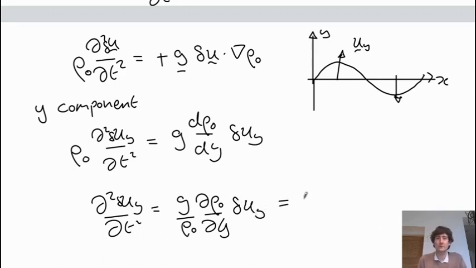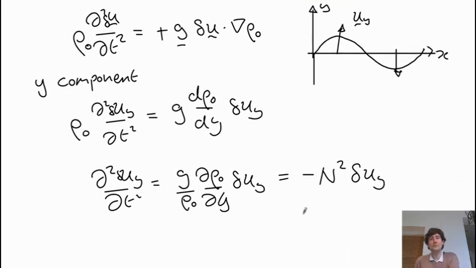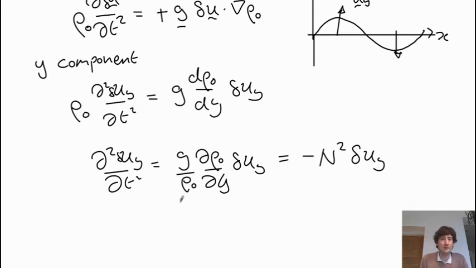And this we're going to write as minus n squared delta uy. n is the frequency of the oscillation, so you can see this is minus n squared.